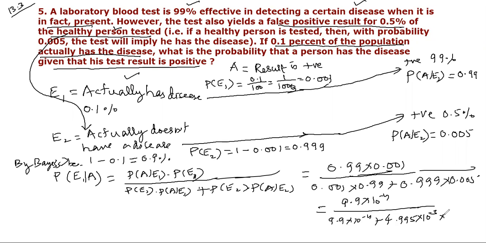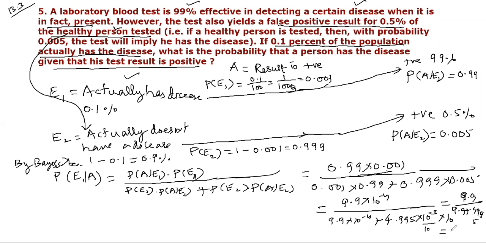You have to make it minus 4 power, so divide by 10 and multiply by 10. One decimal place will be shifted, so you will get 9.9 and the powers will cancel. Here 9.9, here also 9.9, and here it will become 49.95.